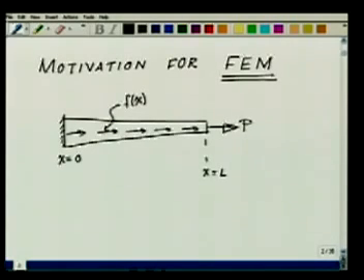The material of the body varies because this is no longer a uniform bar I have taken. It varies as a function of x as EA(x).